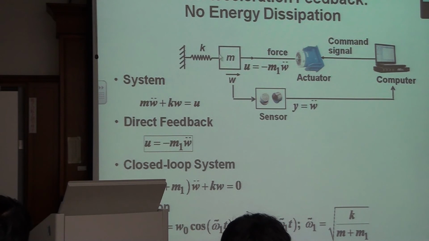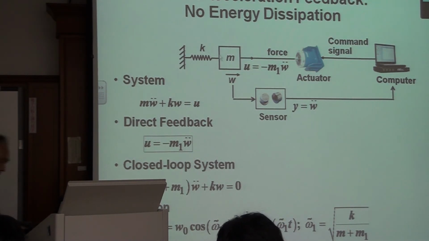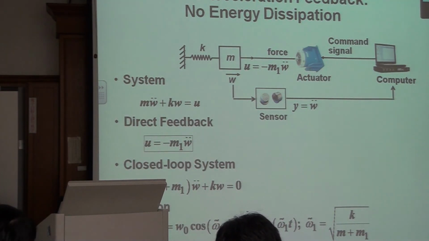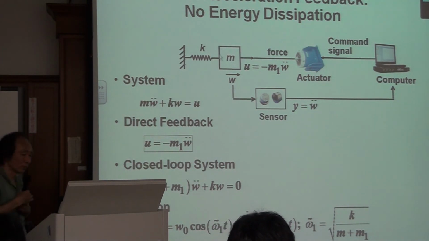M1 can be negative or positive, and I assume this M1 is positive. That means you lower the frequencies if you use acceleration feedback.